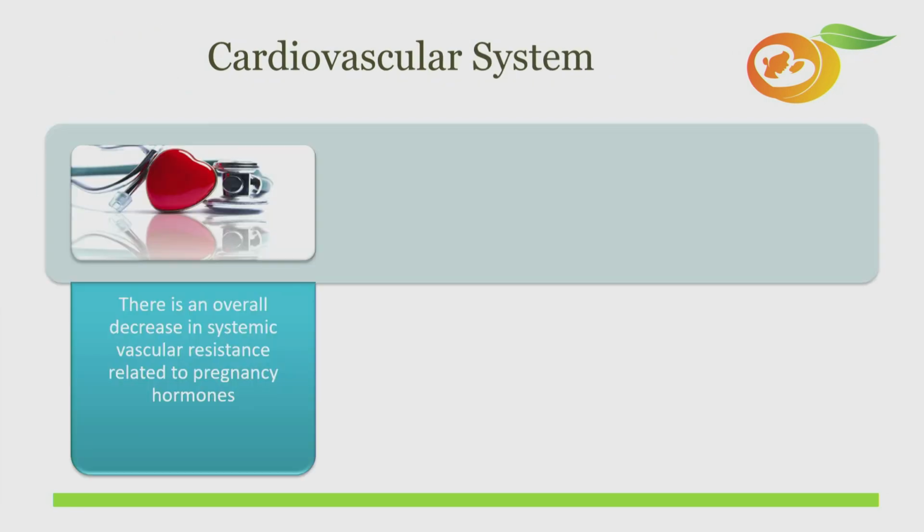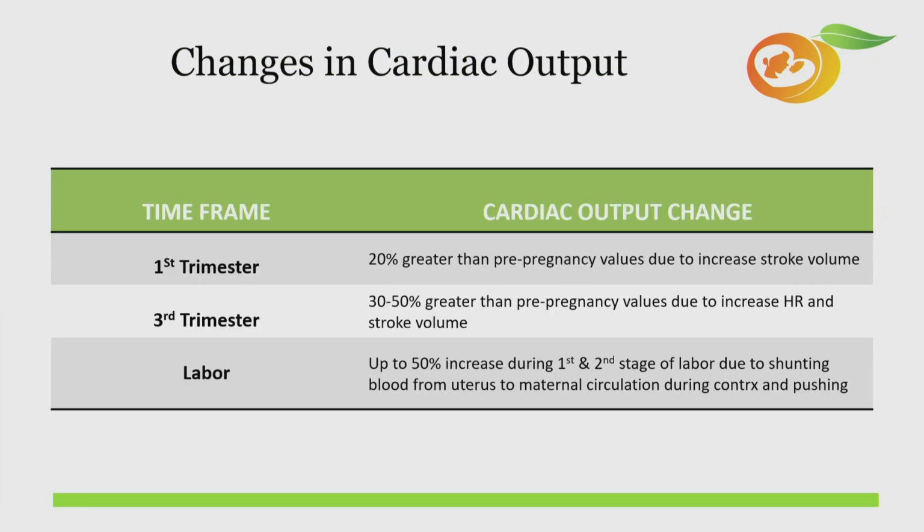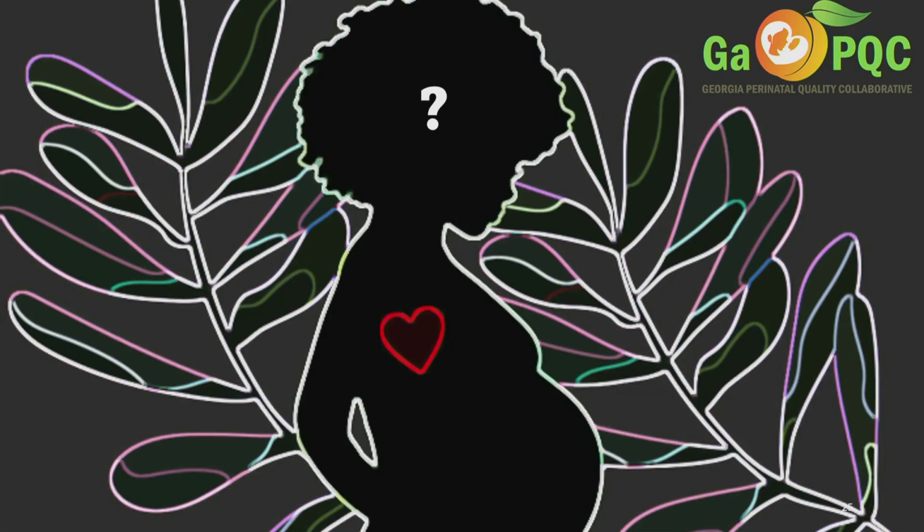So we know overall there's a decrease in systemic vascular resistance. We know our heart rate increases a little bit, and we know that our blood volume increases pretty significantly to accommodate both mom's circulatory system and now the new needs of the uterus and the baby. And then we also know that there are changes in cardiac output at different trimesters, and then of course during labor, a little more significant, you can see in this graph.